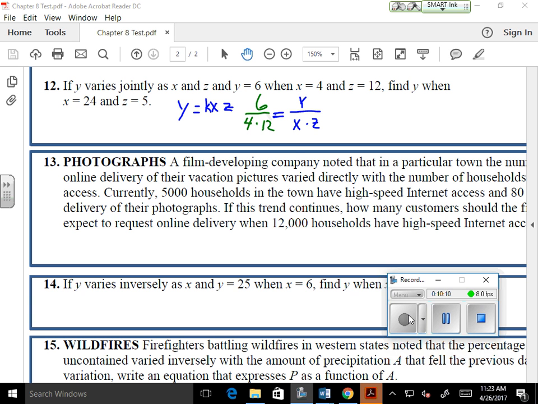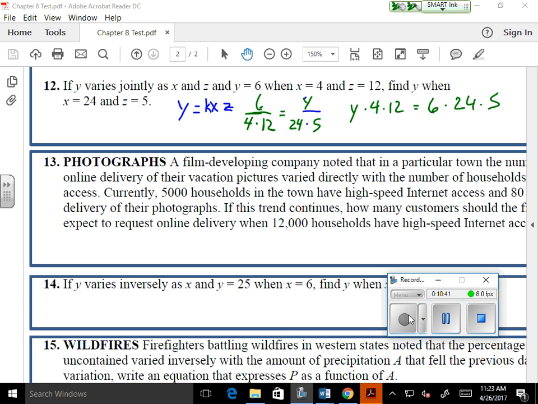In the second situation, we don't know y, but we want to find out what it is when x is 24 and z is 5. So when you cross multiply, you get y times 4 times 12 equal to 6 times 24 times 5.